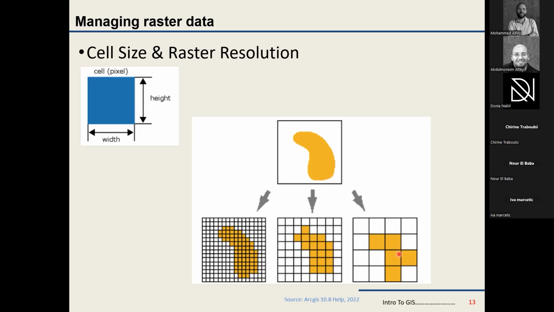So usually there are tests that we run before running an analysis on raster data to find the most optimal cell size and raster resolution that we should work with, which would give us the best results of the analysis. There are usually statistical tests that we run to say, okay, optimally we should work with this raster resolution.